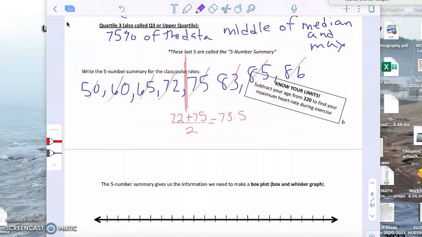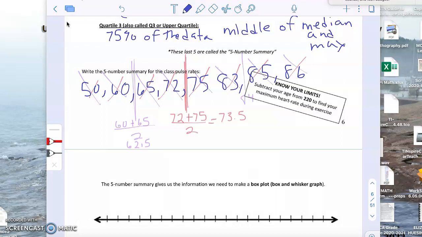Middle of the bottom half, so here's our middle. So 60 plus 65 divided by 2. So 125 divided by 2 is 62.5. And then our top half, right in the middle of that, well, that's 84.